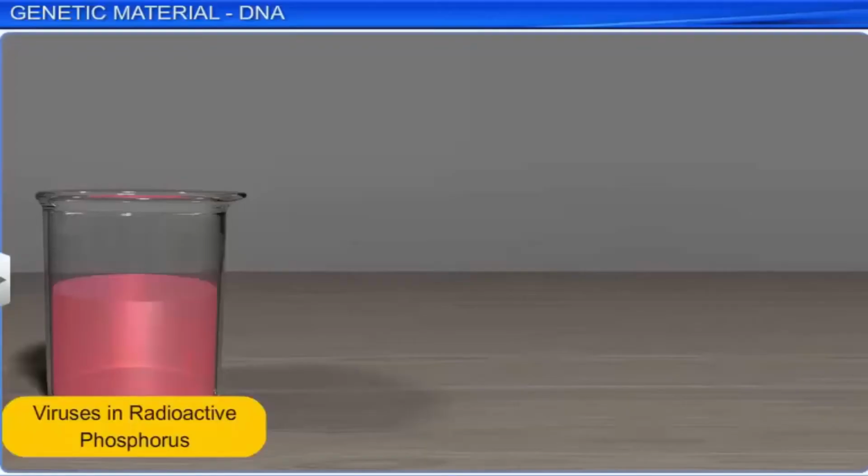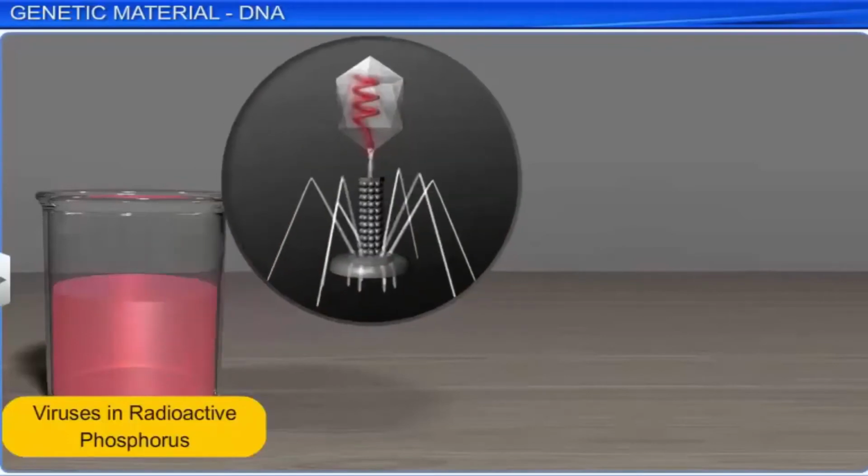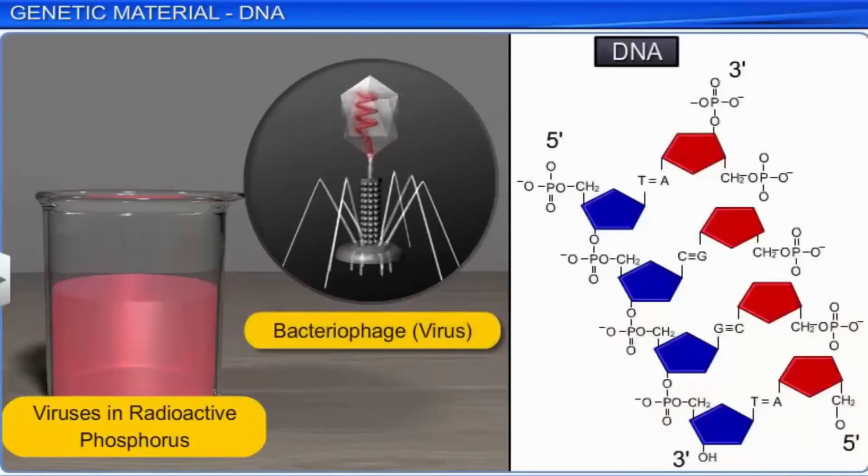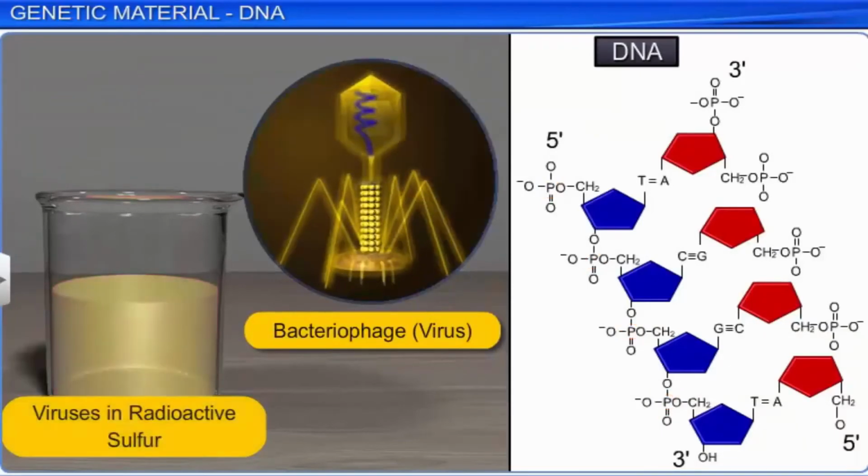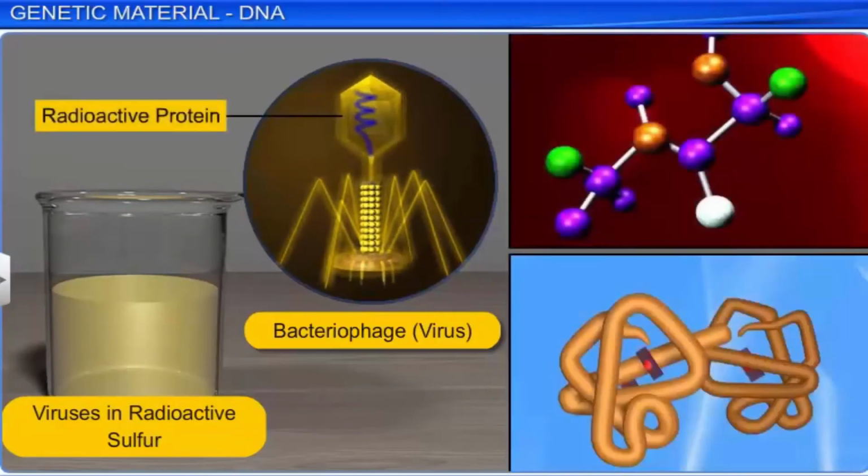As DNA contains phosphorus, while protein doesn't, the viruses that were grown in the presence of radioactive phosphorus had radioactive DNA and not radioactive proteins. On a similar note, as DNA doesn't have sulfur like proteins, the viruses grown on radioactive sulfur had radioactive proteins and not radioactive DNA.